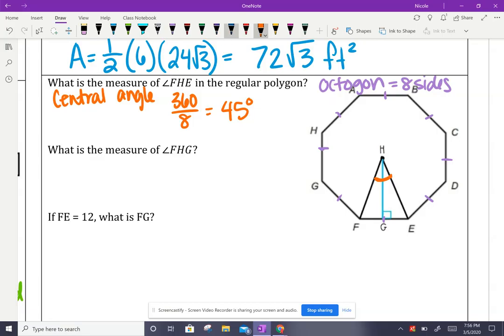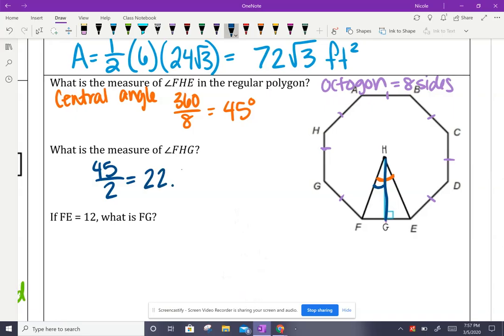But when we take into account what HG does and look for angle FHG, this one right here, we're going to divide that by 2. That central angle is cut in half, and it is 22.5 degrees.